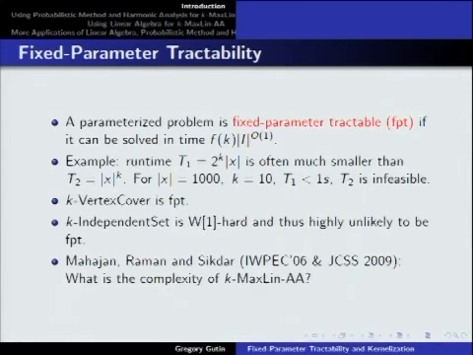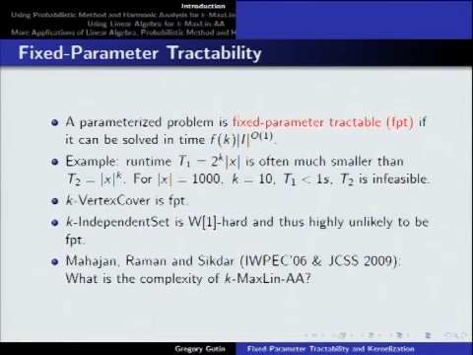Of course, if our problem, like the problems we consider here, is NP-hard, you cannot expect a polynomial time algorithm. But at least you want to put the complexity of the problem in k. Basically, you hide it in the parameter k. And since the parameter k is small, at least you want it to be small in your applications, the total running time is not that big. So the problem becomes feasible, you can solve it.